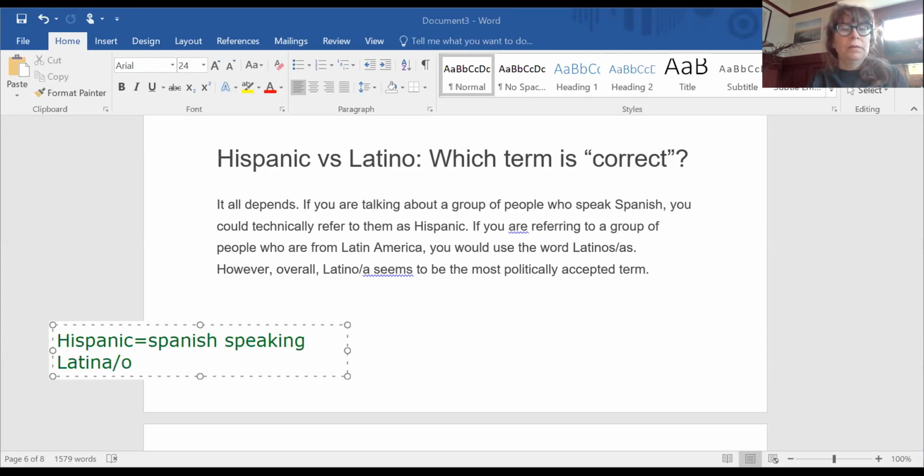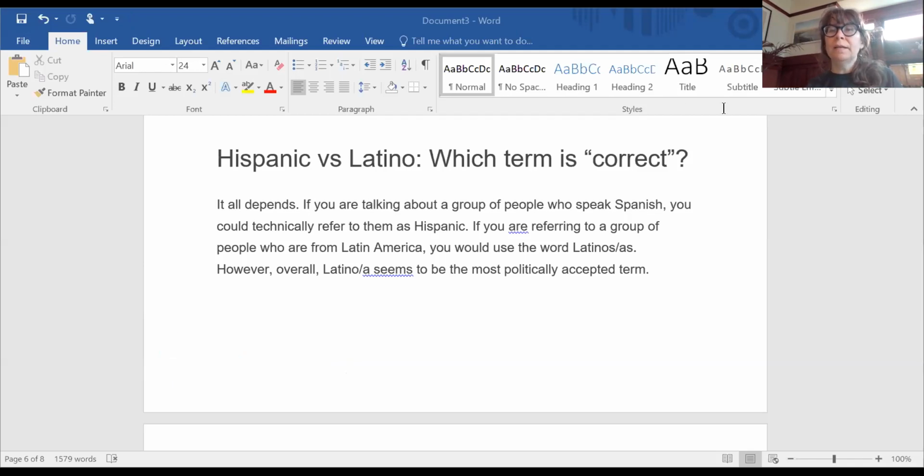Latino equals from Latin America. Okay, I think I got that. Now let me clear that and we'll continue to move on.